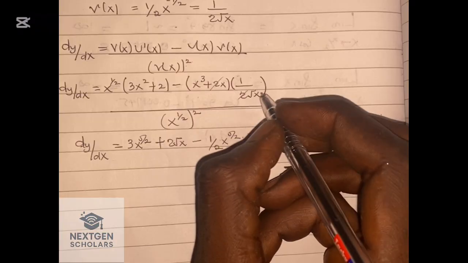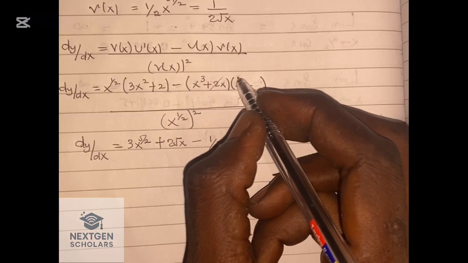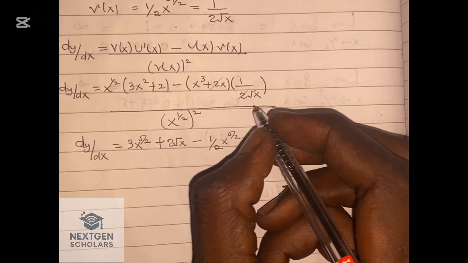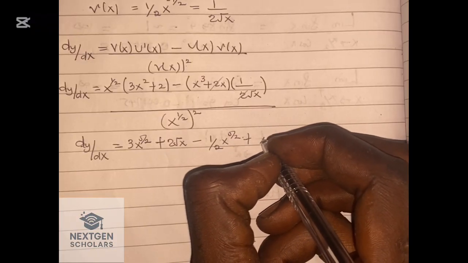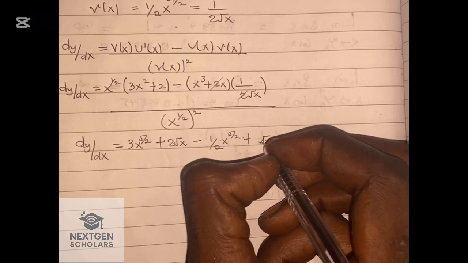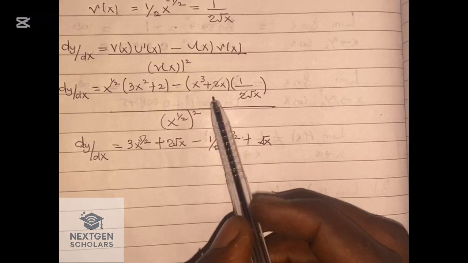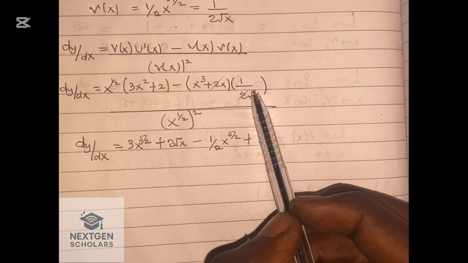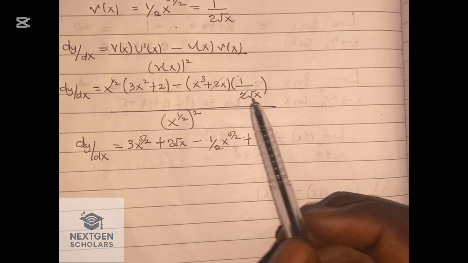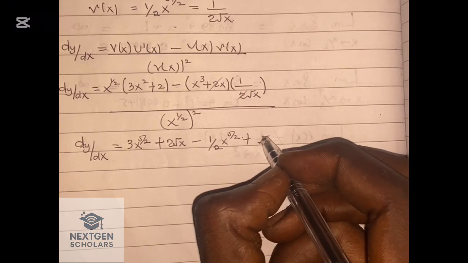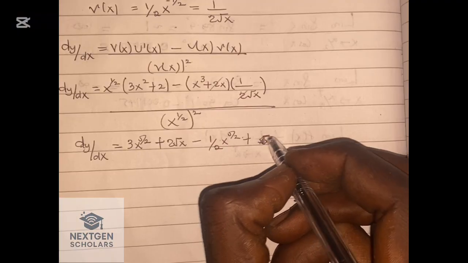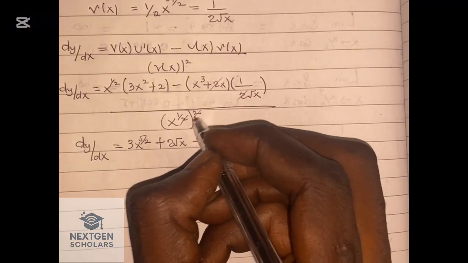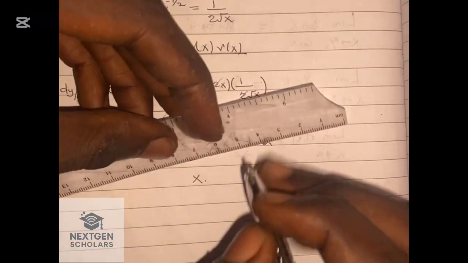Now we have x times this, so x to the power of 1 minus half. 1 minus half is simply half, that is root of x. Let us confirm again: 3 minus half is 2 and a half. Yes, so we're right. Let us continue. It's simply root of x all over this. We cancel this and we have x left.